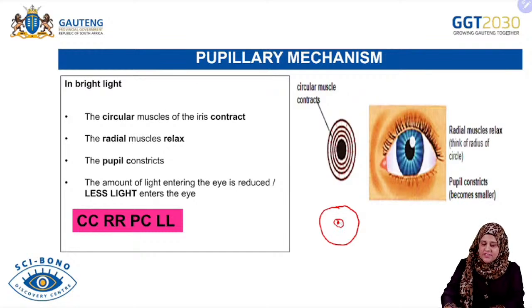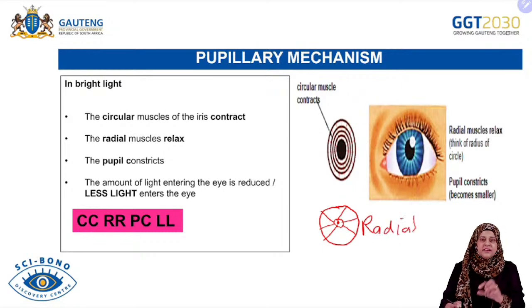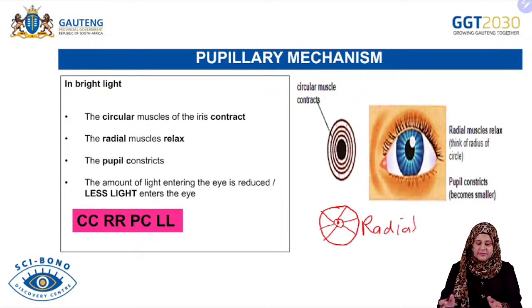The radial muscles are muscles that radiate out from the center, from that point, very similar to the radius of a circle. They radiate outwards from a point, very similar to the radius.